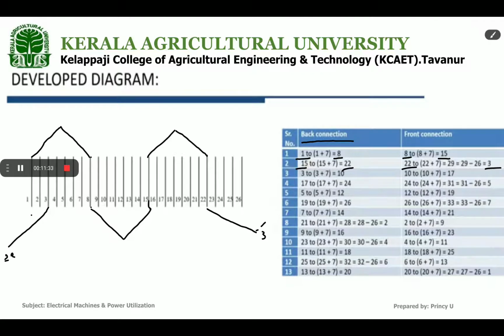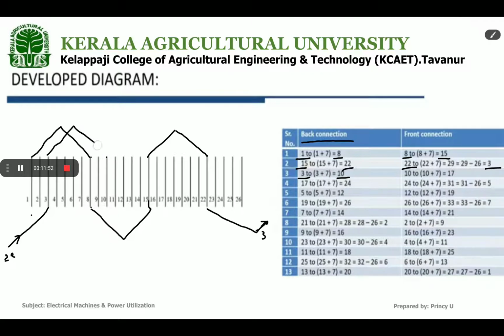So there will be a winding coming to the third conductor on the lower side. It is a front connection to the third. So from 22 it is coming to 3. Now start from 3. From 3 going forward, 3 to 10, back connection. So connect 3 to the 10th conductor.